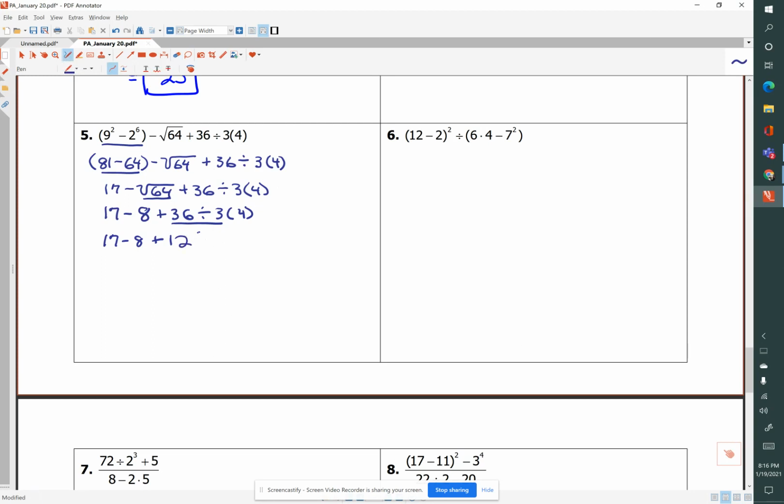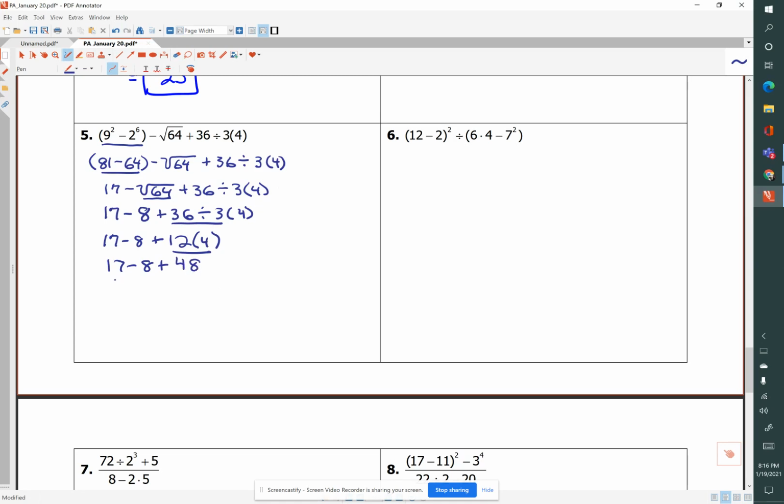And that is multiplied by 4. We still have to multiply. 17 minus 8 plus 12 multiplied by 4 is 48. So 12, 24, 36, 48. You should know your 12 times tables.